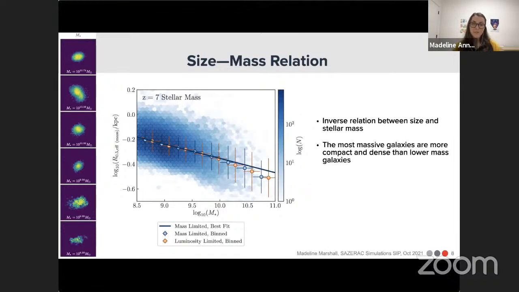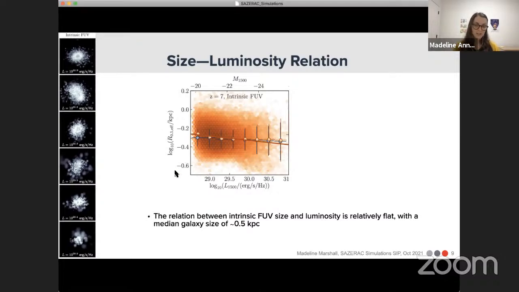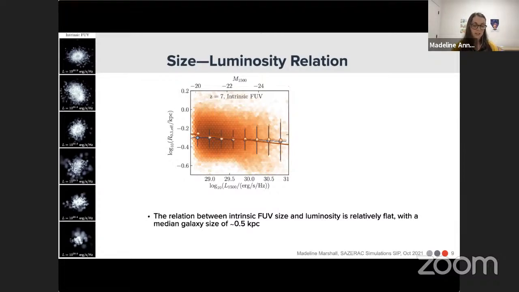We also see this in the size to intrinsic far UV luminosity. It's a little bit flatter, but generally still the same trends. We find that the median galaxy size in the intrinsic far UV is about 0.5 kiloparsec.